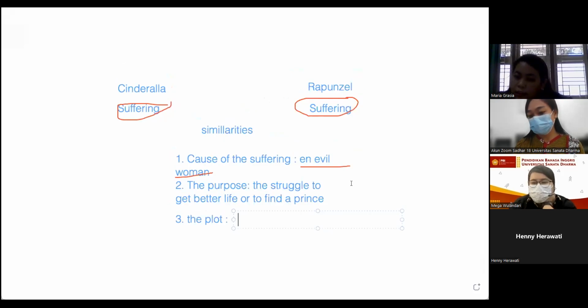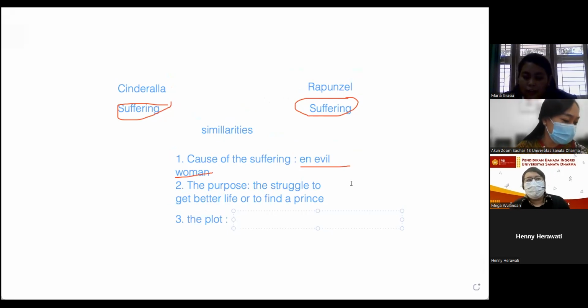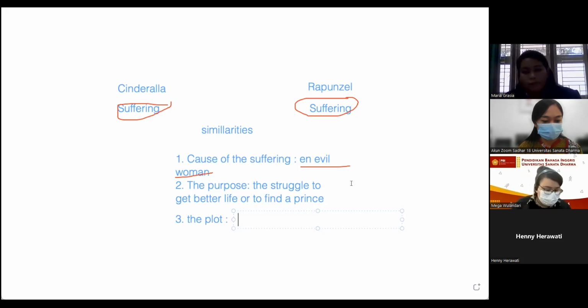And then the similarities, because you're talking about similarities. For example, what is the similarity between Miss Mega and Miss Ika? Probably we both started teaching in PBI in the same year, right? So you look for the similarities, not the differences. What you have already explained to me was the difference: Cinderella is like this, Rapunzel is like this. Well, the title of your study is the similarities.